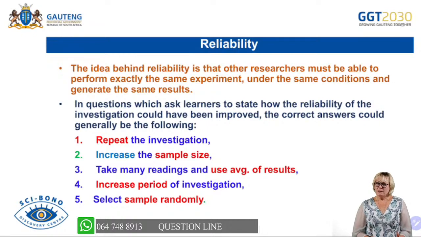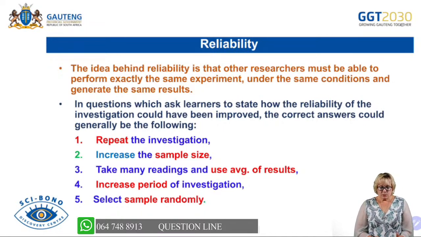Now let's look. What is reliability? The idea behind reliability is that other researchers must be able to perform exactly the same experiment under the same conditions and get the same results. That is reliability.